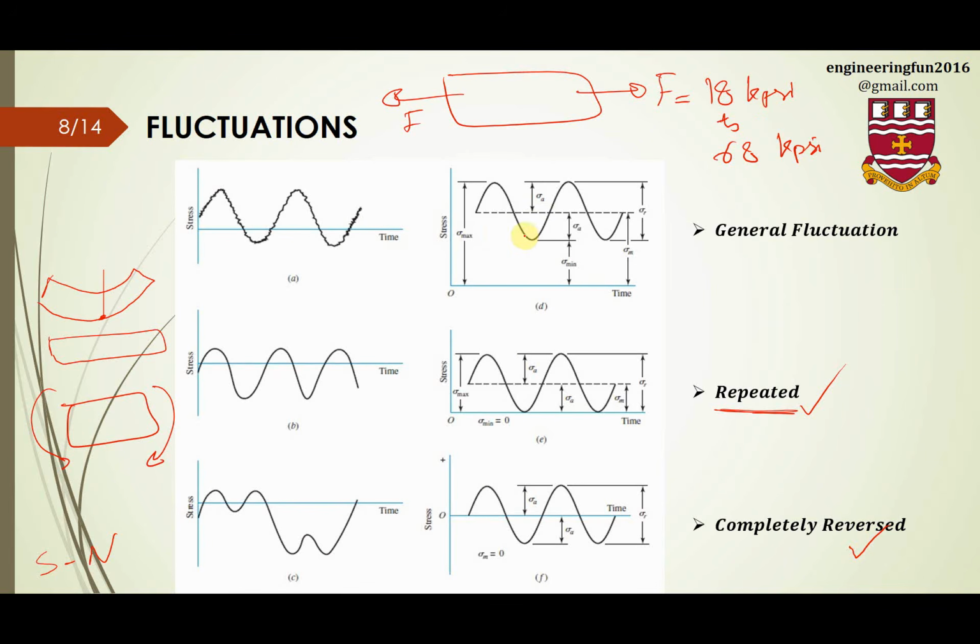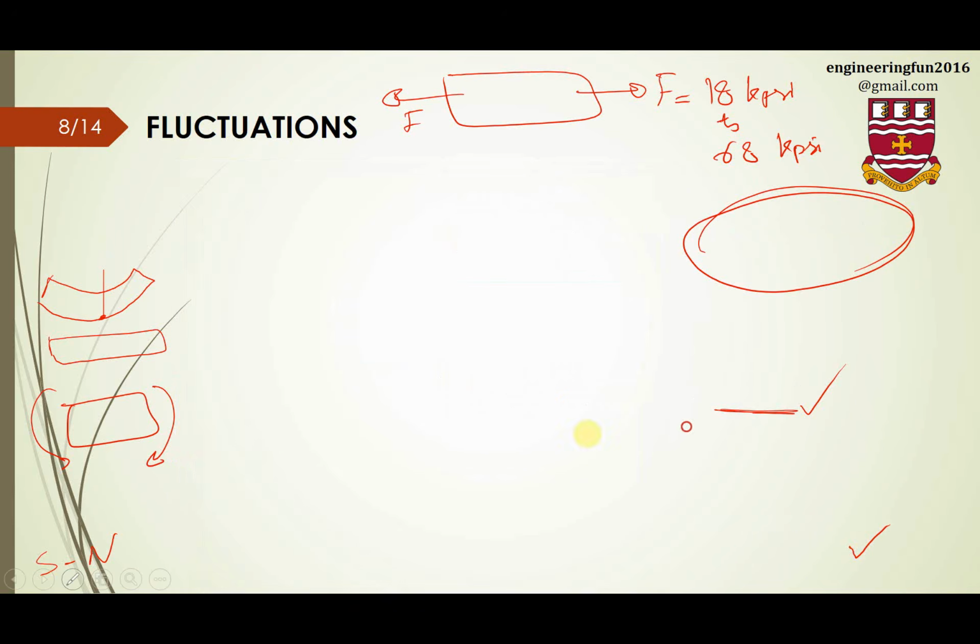So that means we are here at 18, we can go to 68, go to 18, go to 68, go to 18. So the force is fluctuating and we are not around 0. Okay, this is what we want to study now.